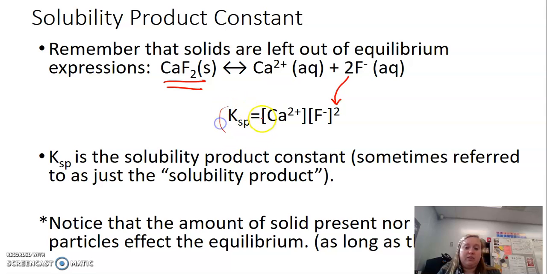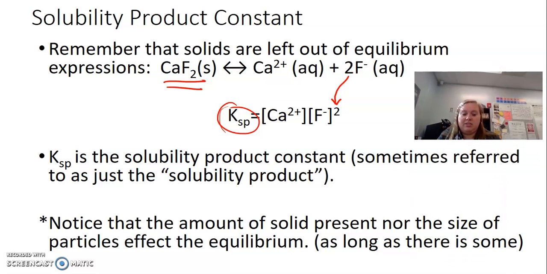And now instead of dealing with Kc or Kp or just K, we're going to talk about things that are called Ksp, and so that's dealing with solubility. Ksp stands for the solubility product constant, and oftentimes it's just referred to as the solubility product. And again, you will notice that the amount of solid present nor the size of the particles has absolutely no effect on the solubility at all.